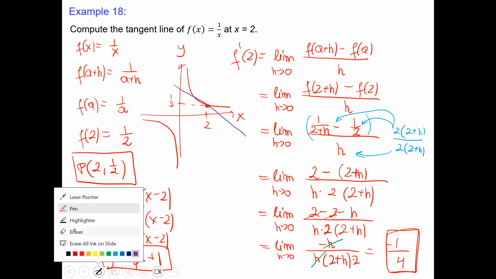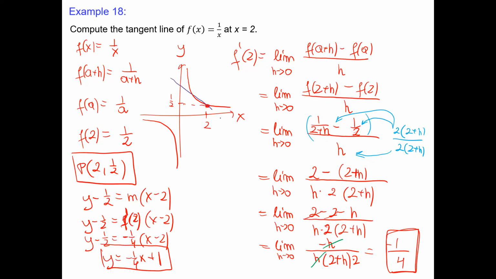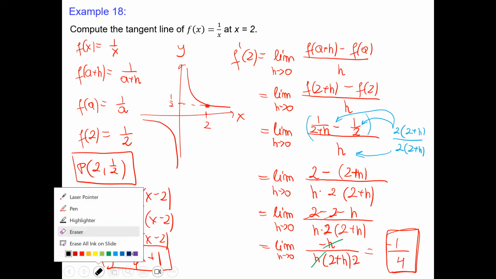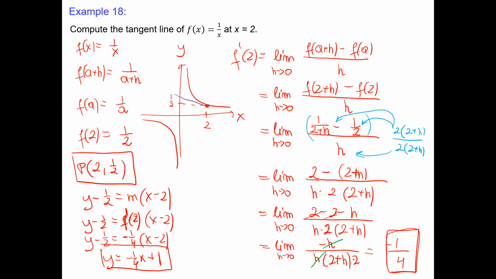Oh, it's not really a tangent. Yes, that looks better. Definitely the slope of this line is negative, and we know exactly it's negative 1/4. The derivative at 2 is negative 1/4.